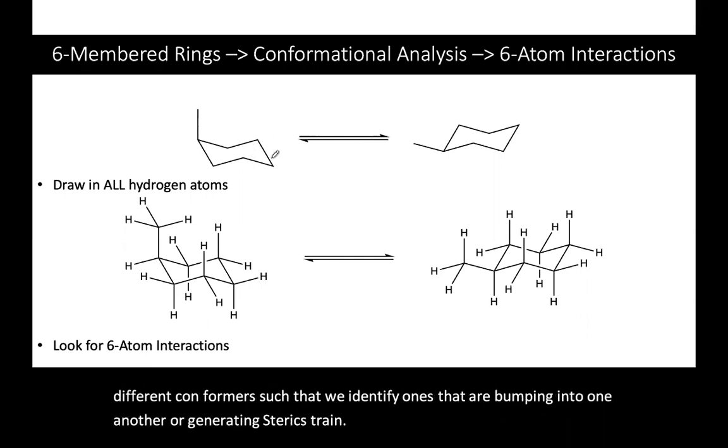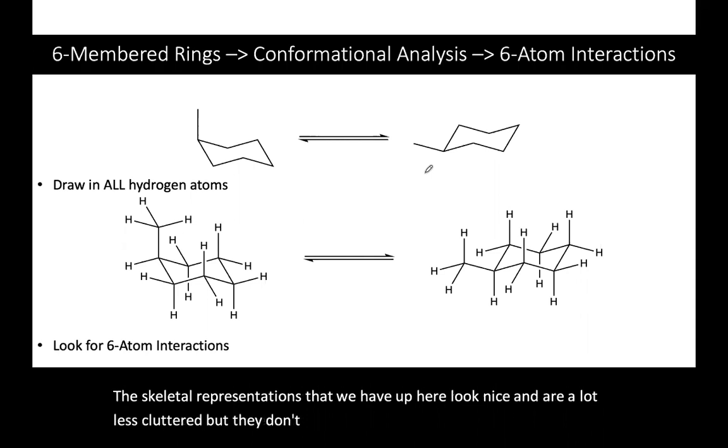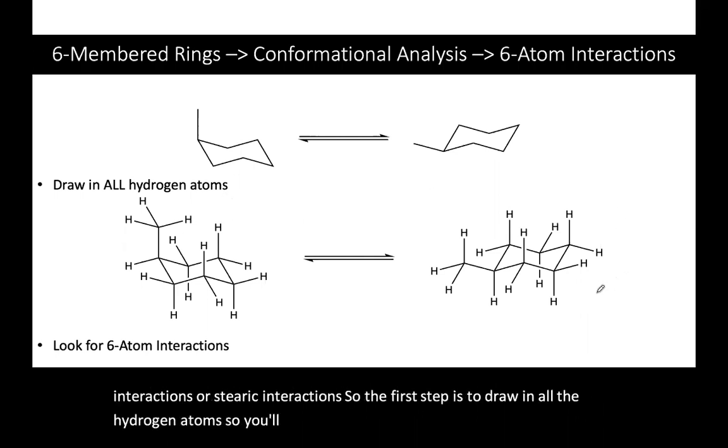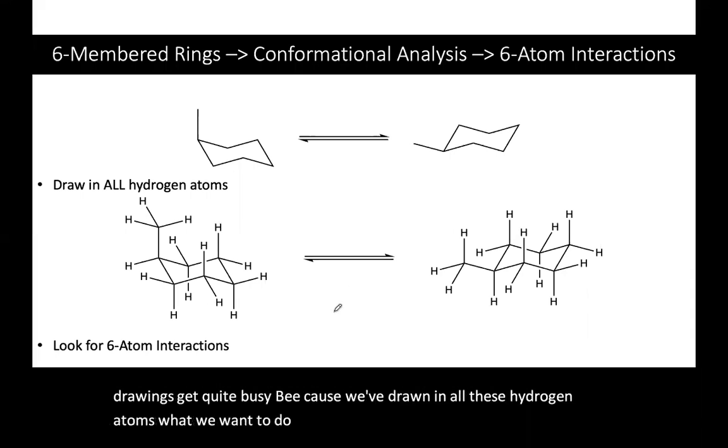The skeletal representations up here look nice and are a lot less cluttered, but they don't really help us look for those six-atom interactions or steric interactions. So the first step is to draw in all the hydrogen atoms. You'll notice on the lower set of chairs, the drawings now get quite busy because we've drawn in all these hydrogen atoms. What we want to do now is see, are there any six-atom interactions?